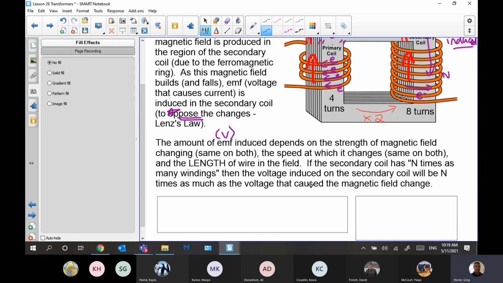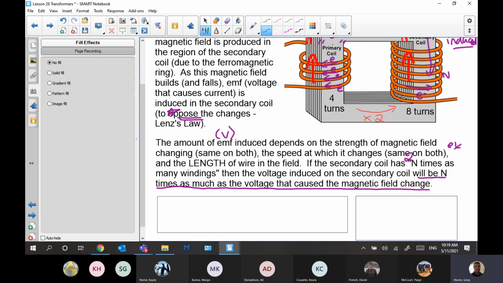So it turns out that if the secondary coil has n times as many windings, so in this case n is 2, then the voltage induced on the secondary coil will be n times as much as the voltage on the primary.